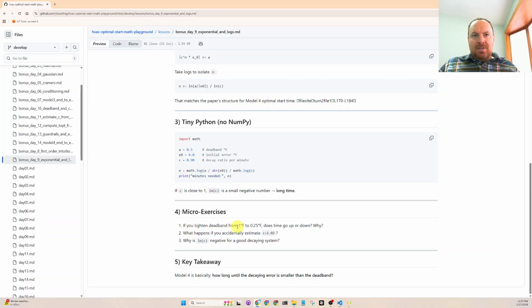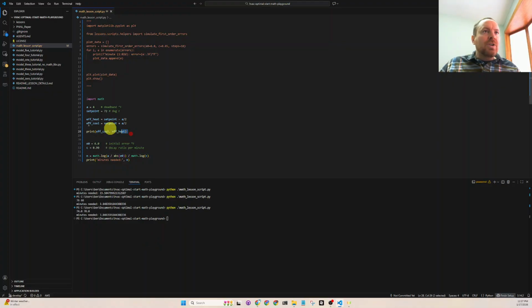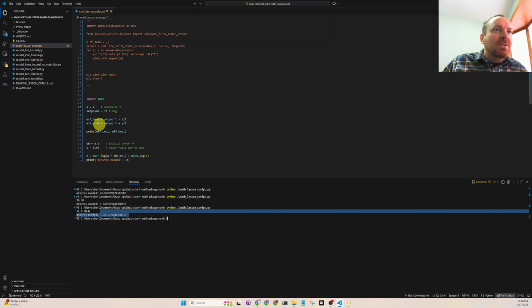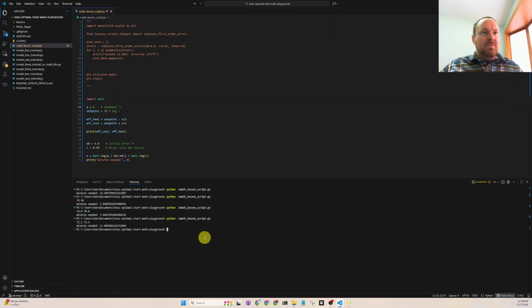If you tighten the deadband, so now if we make it smaller, so we're not really using this here yet, but now we're calculating 3 minutes for whatever reason. If our deadband is really small, our model calculates 23 minutes, but now we're calculating 3 minutes. So if we make our deadband smaller, our minutes calculation goes up.